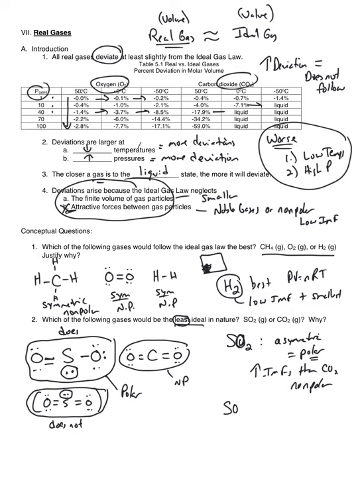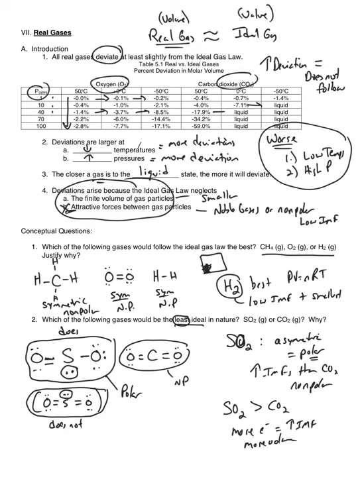Also, the molar mass of sulfur dioxide is greater than carbon dioxide. Since it has more mass, it also has more electrons, which means it also has got more intermolecular forces because of size. And also because it's bigger, it's going to take up more volume.